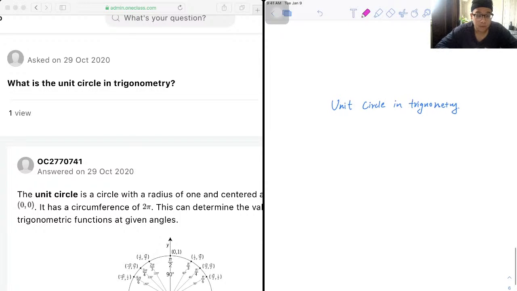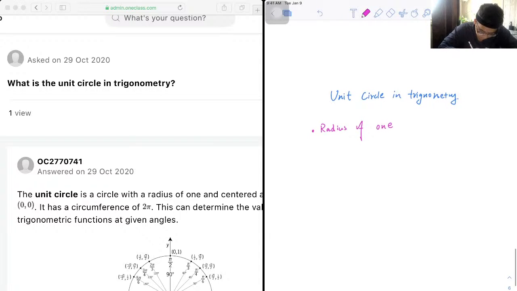The unit circle is a circle with a radius of 1. So let's write down the keywords. Radius of 1, and centered at the origin.